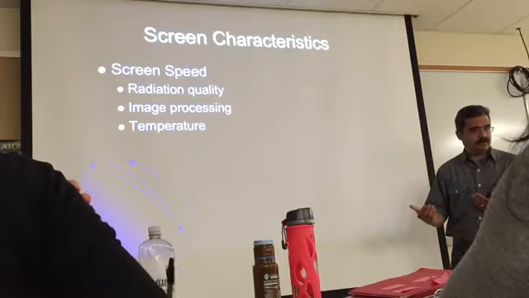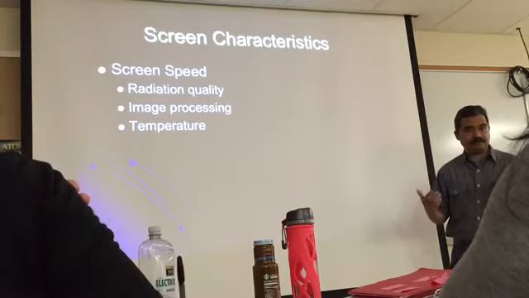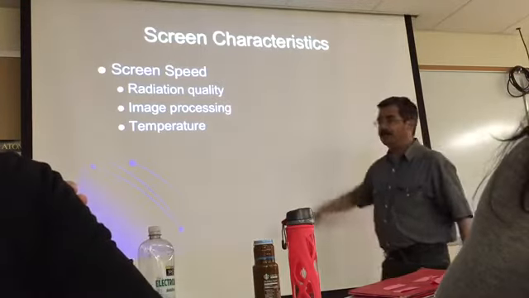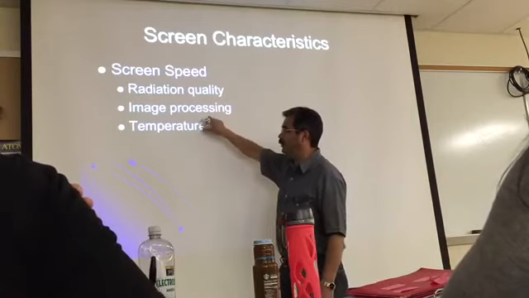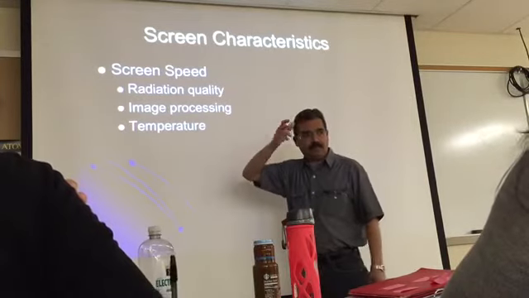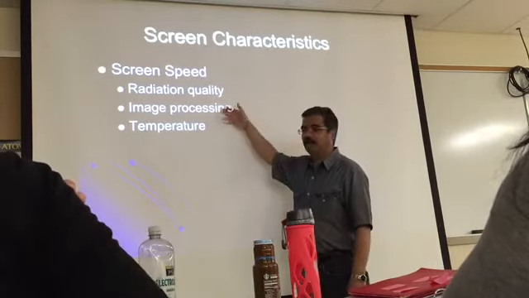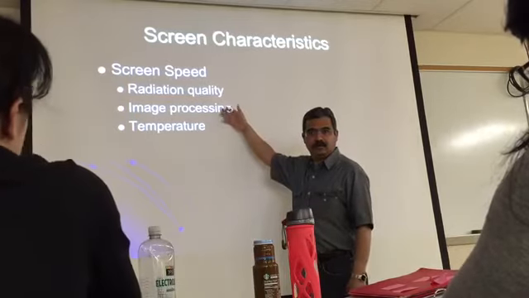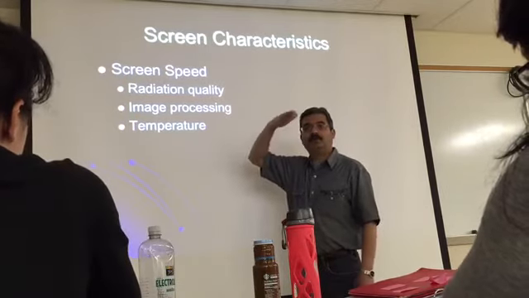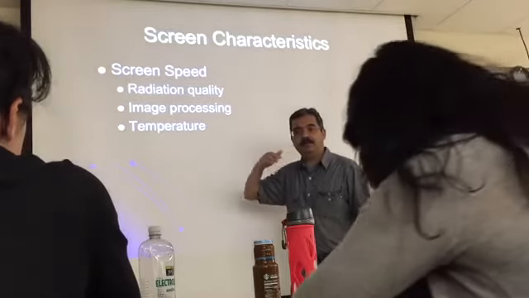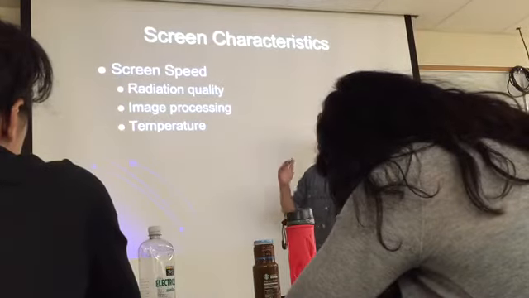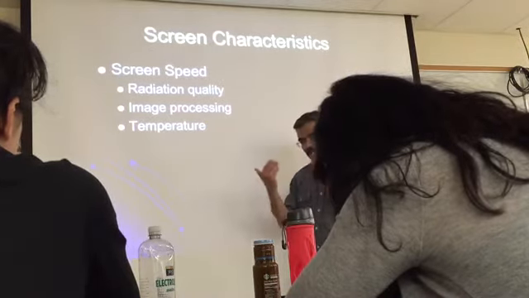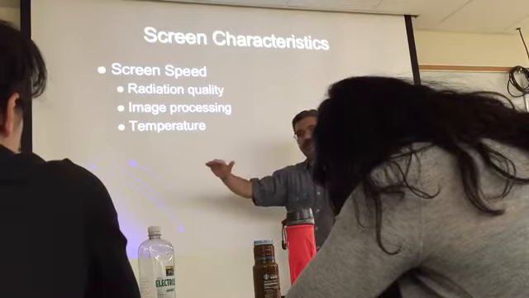You following me? Okay, good. The same goes with temperature. When you think of image processing, temperature is related. One is chemical concentration, and one has to do with how high or how low the temperature is. So with the slower screens, and that's why the example of mammo, you want to give it a longer time.